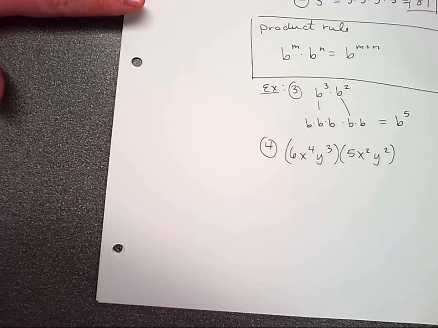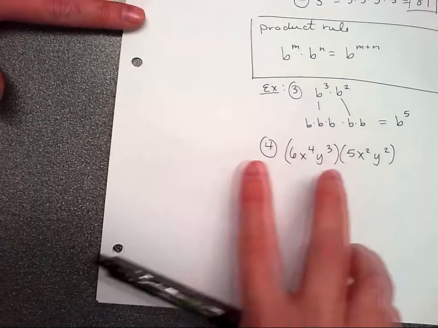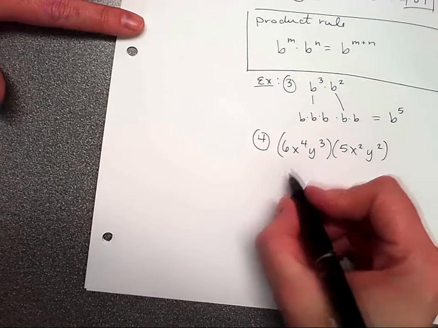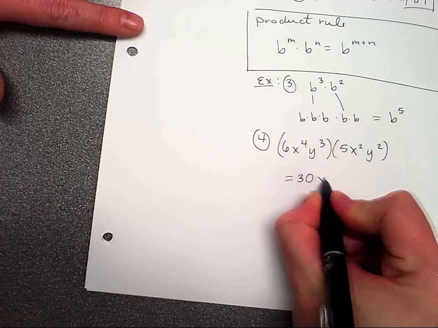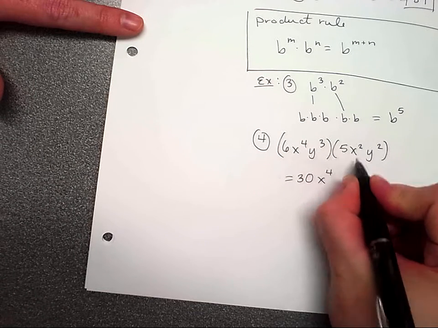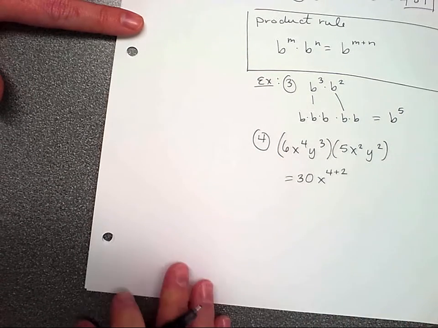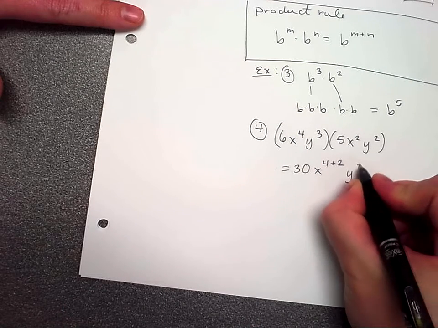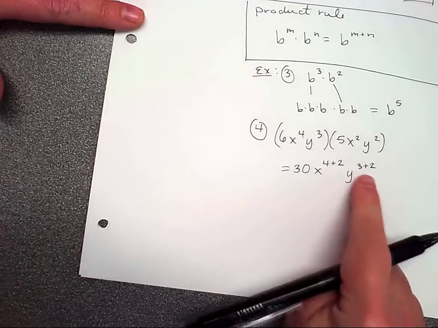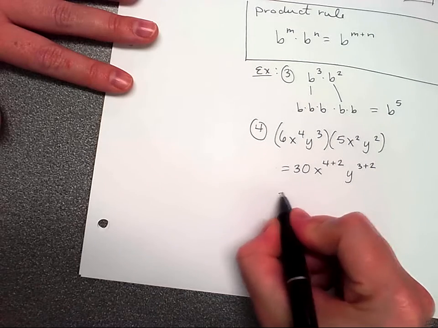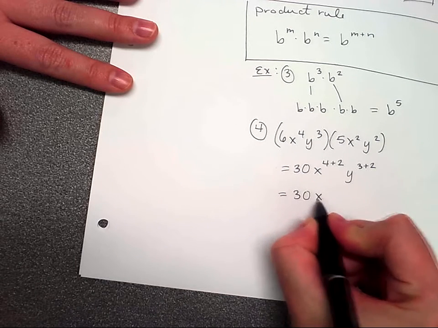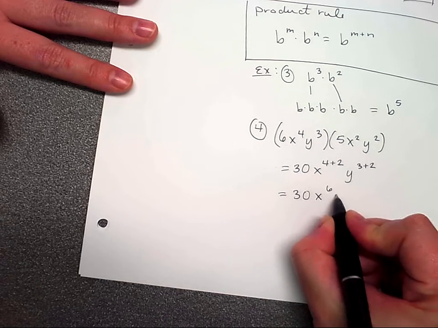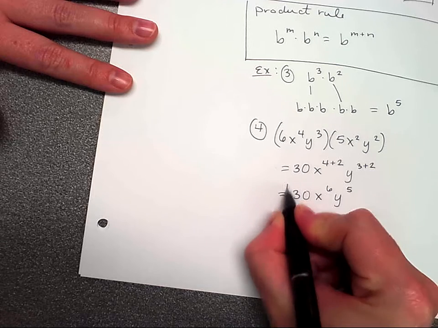What's 5 times 6? 30. And then I have x to the 4th power and x to the 2nd power, so I'm adding those powers. And then I have y to the 3rd power and y to the 2nd power, so I'm adding those powers too. So I have 30x to the 6th, y to the 5th. That's my answer.